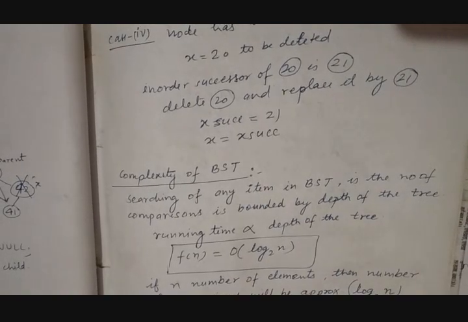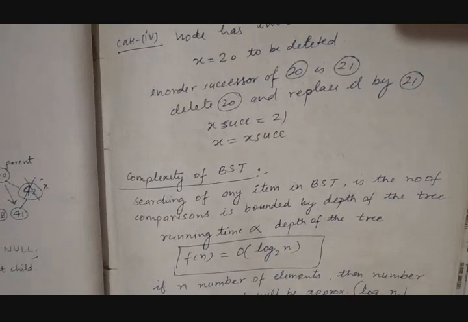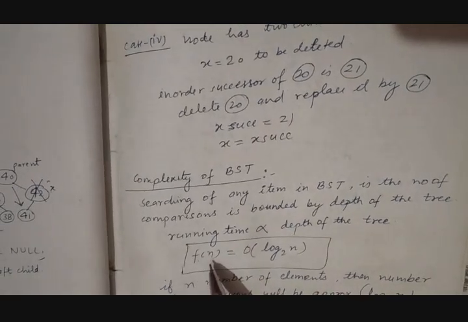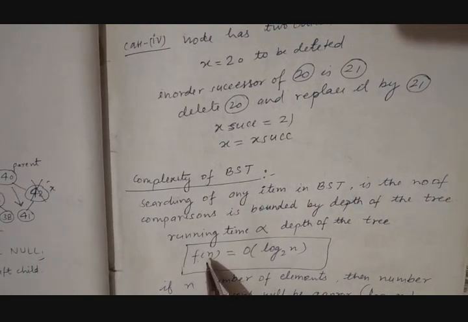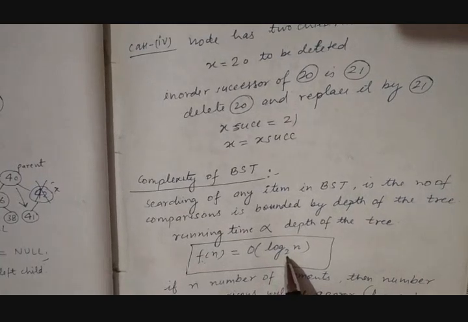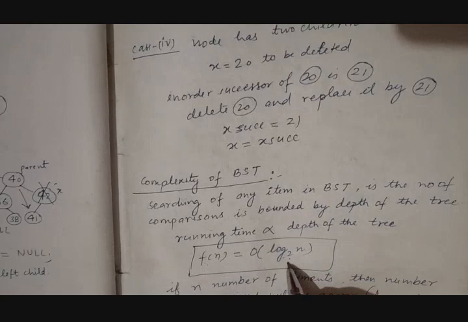Since we know that if there are n elements, then the height of the binary tree will be log of n base 2. Hence the searching complexity of binary search tree will be f of n equal to big O of log n, which can also be written as log of n base 2.